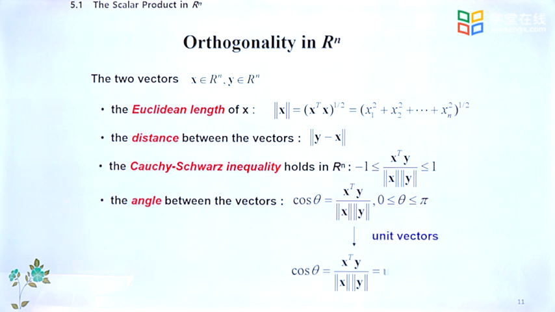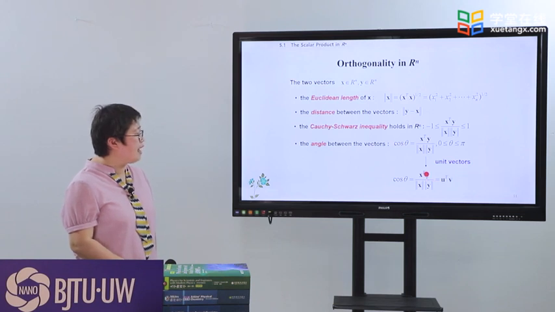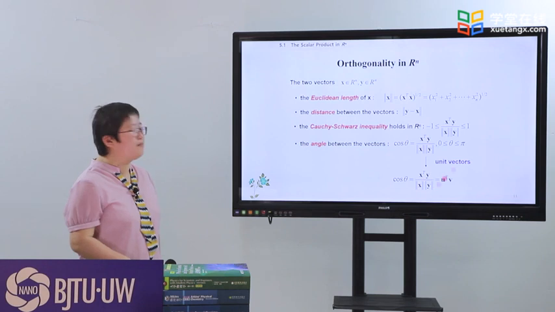If you write the unit vector for x and the unit vector for y, then cosine theta can also be written as the scalar product of these two unit vectors. So it equals u transpose times v, where u equals x divided by its length, and v equals y divided by its length.